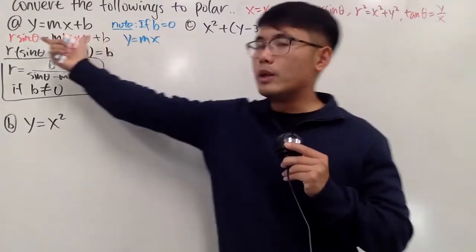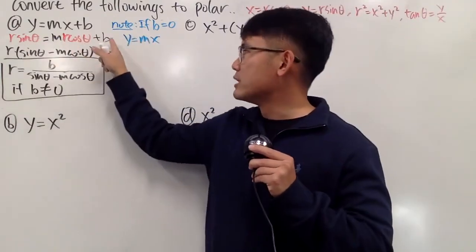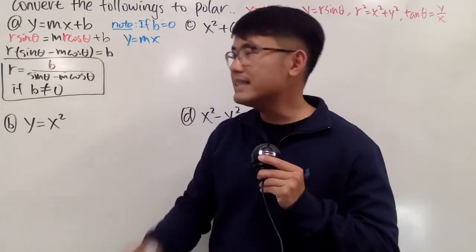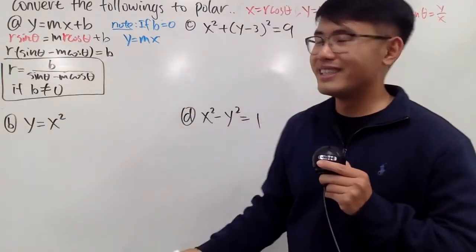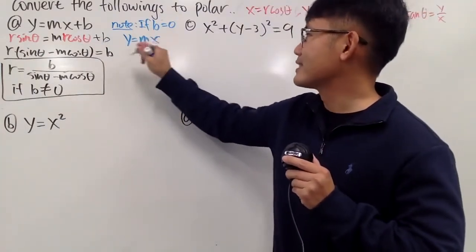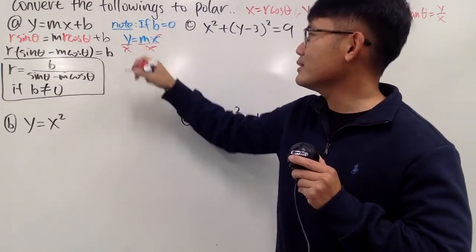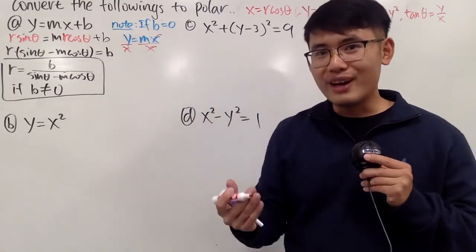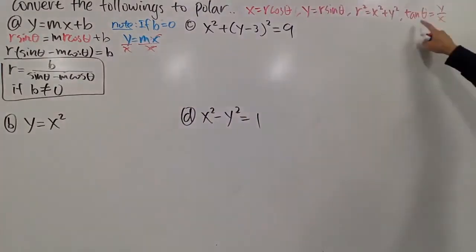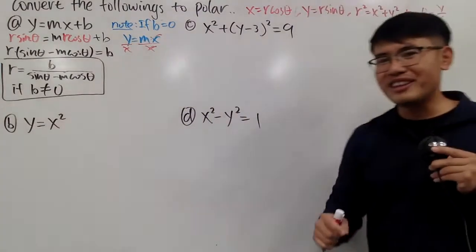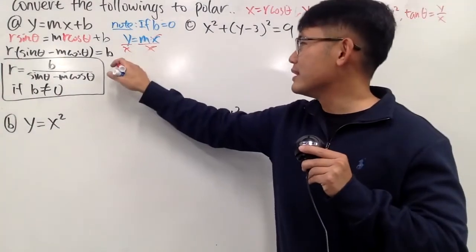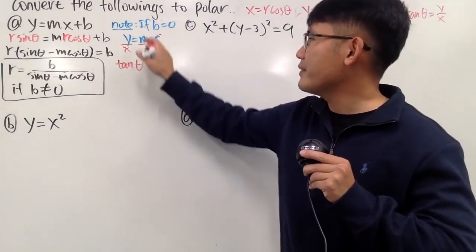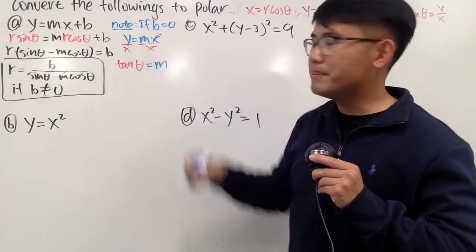You can do what we just did, and you end up with 0 on the right-hand side, but there's a better way to do it. We can just divide both sides by x. So you can cancel this out, because now you see the left-hand side is just y over x. And that's very nice because that's just nicely equal to tangent theta. So we can just write this down as tangent theta equals m.